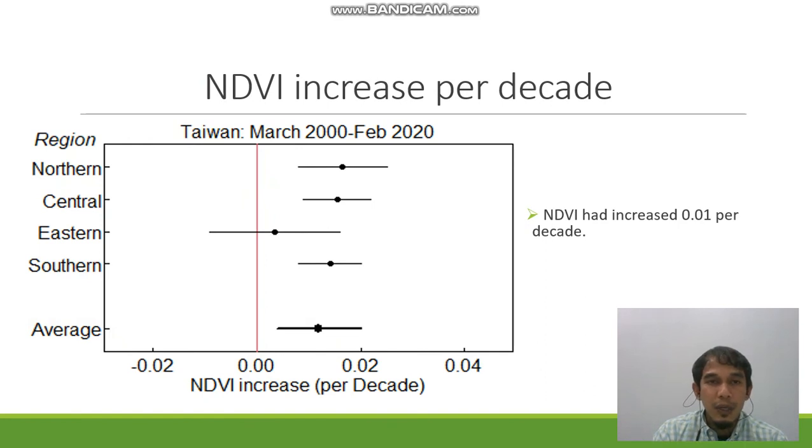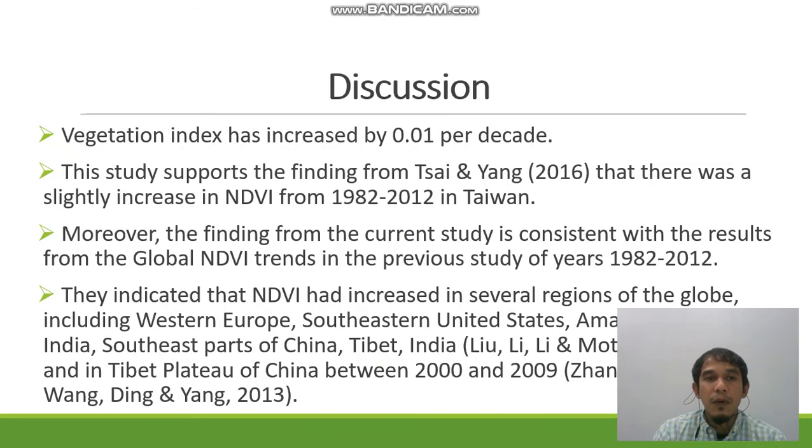The confidence interval plot is used to indicate the increase per decade. From this forest plot, it shows NDVI had increased 0.01 per decade.